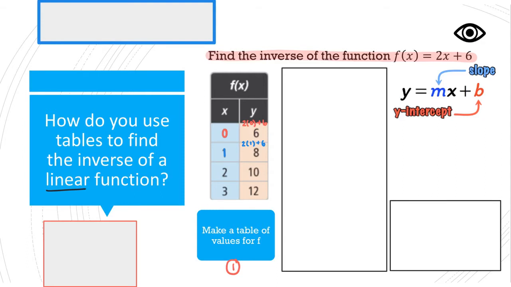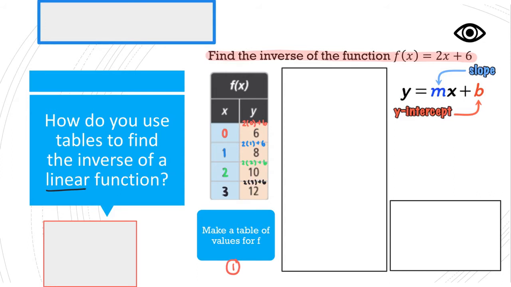If I had 2 as my x value, I would plug that into my equation, 2 times 2 plus 6, and if I had 3, I would need to do 2 times 3 plus 6 in order to get my y value. So all of our y values are found by plugging in our x values.